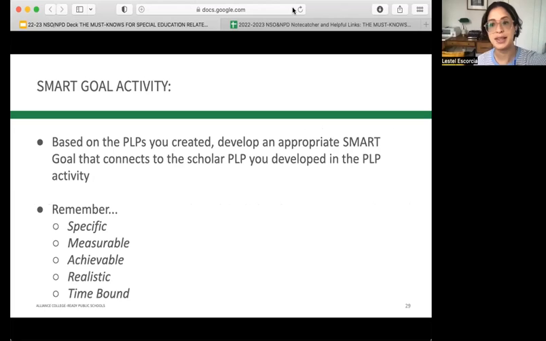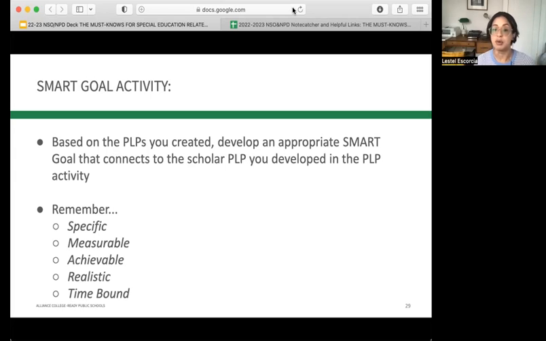All right, so let's go back and reference our handy dandy note catcher. Based on the present level of performance that you drafted for Stephanie, now let's develop a SMART goal that connects the present level of performance you developed and is aligned with the goal that you're about to draft.